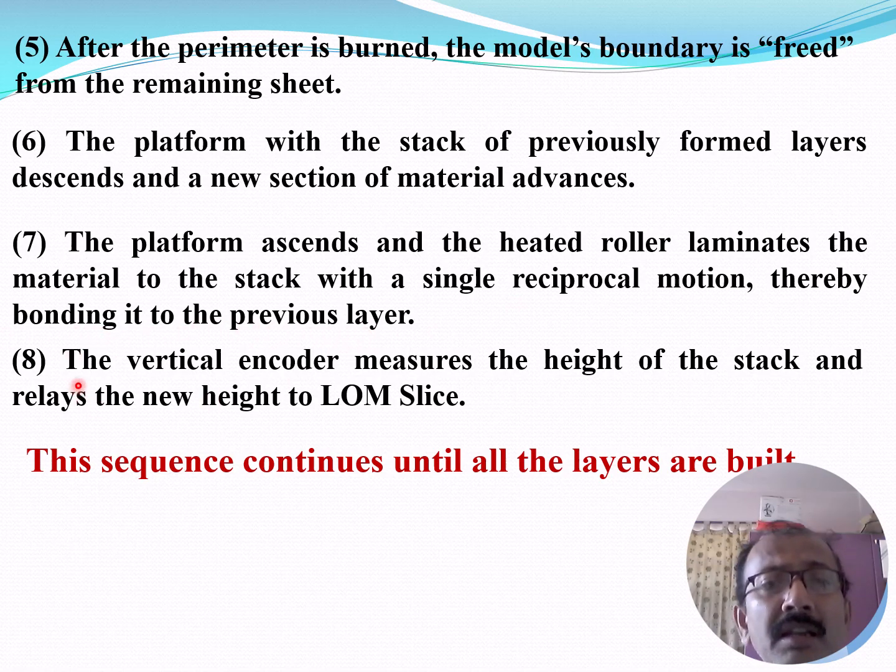The vertical encoder measures the height of the stack and relays the new height to LOM slice. This sequence continues until all the layers are built. So that will be continued until the entire layer is built.